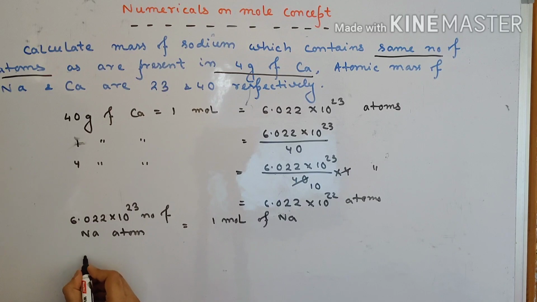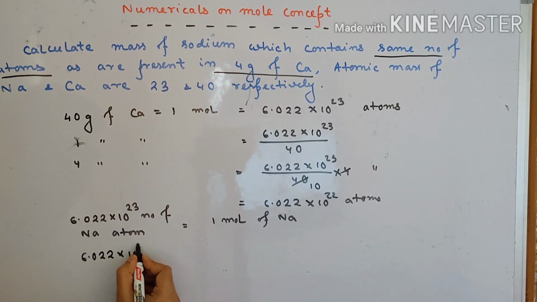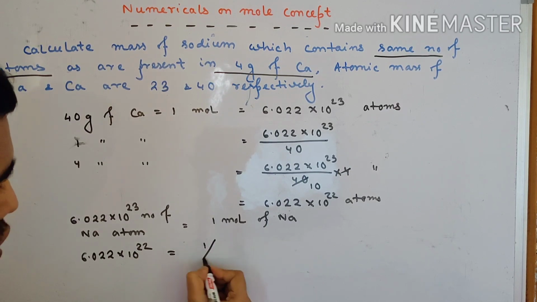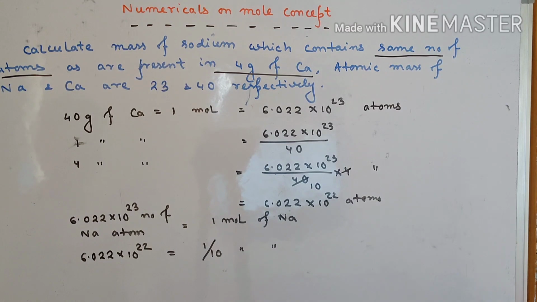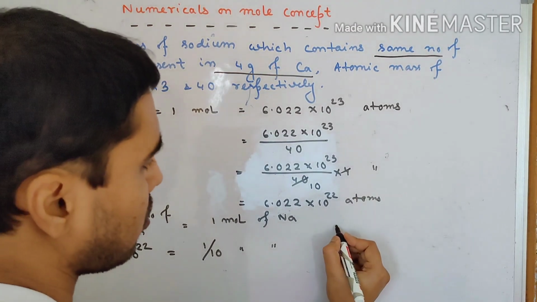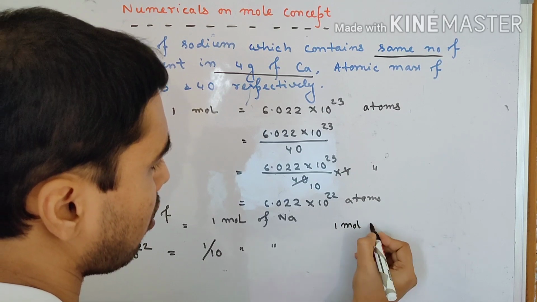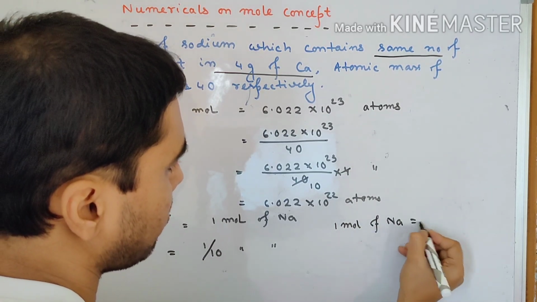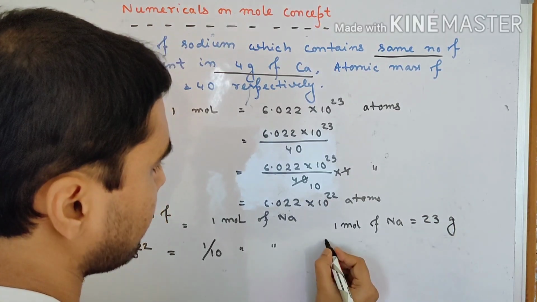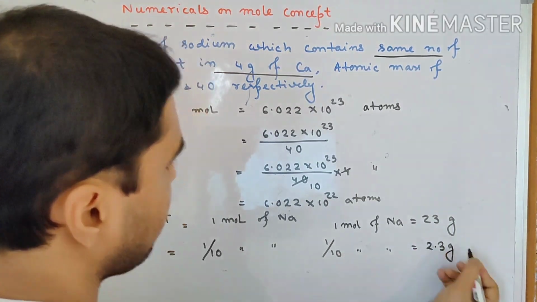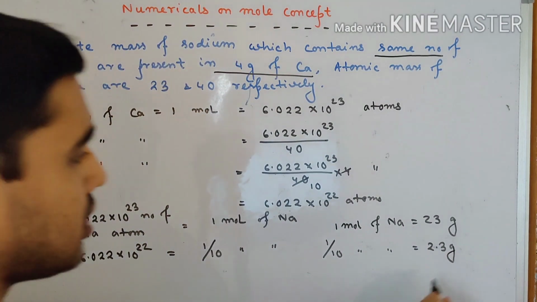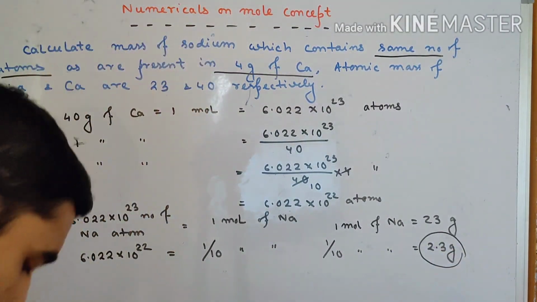If it is 6.022 into 10 to the power 22, it should be 1 by 10 mole of sodium, right? And 1 mole of sodium is equal to 23 gram, so 1 by 10 mole of sodium should be 2.3 gram. So this is the desired answer.